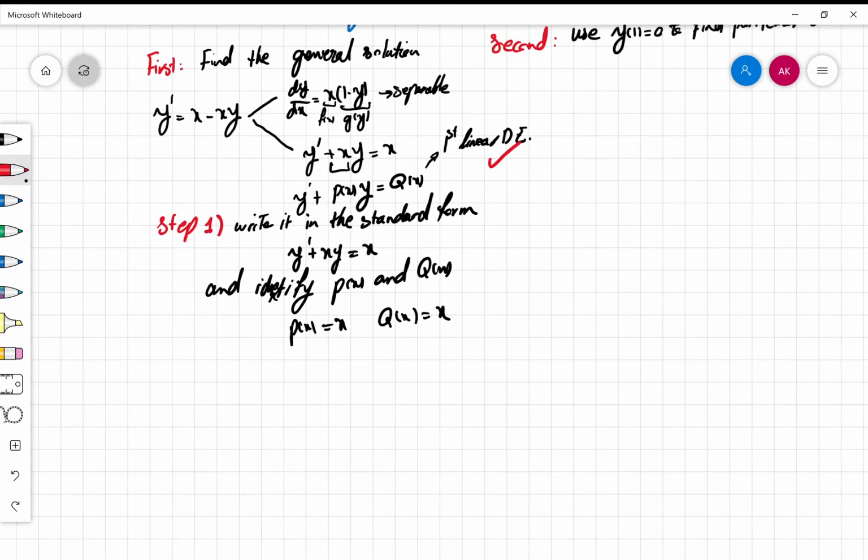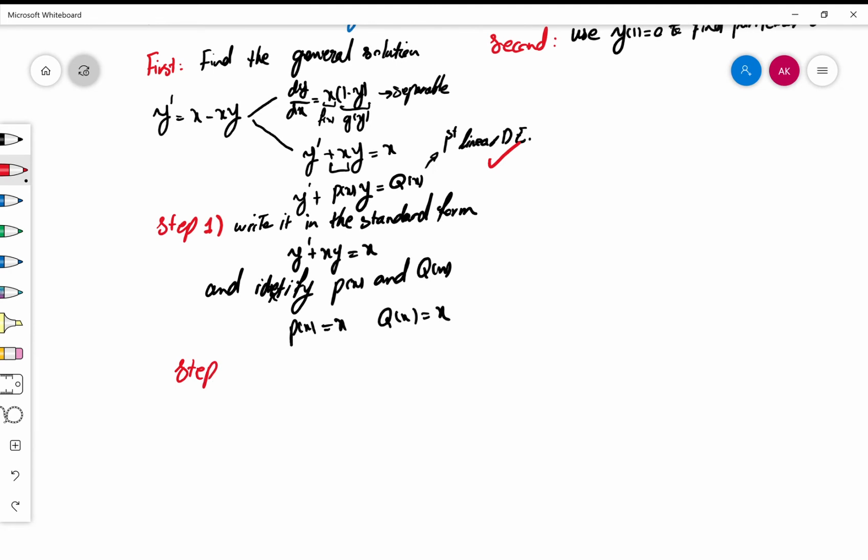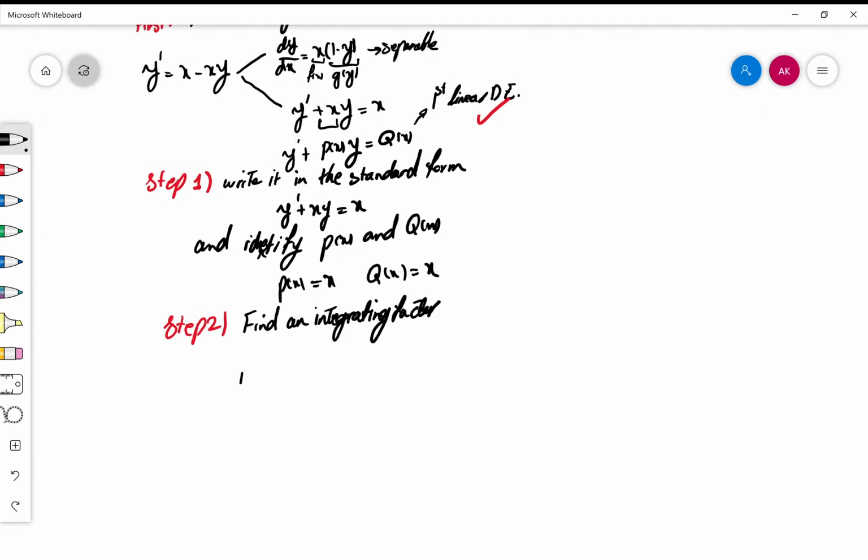Okay, step 2, find an integrating factor. Finding an integrating factor here means we first integrate p(x) and then put it as the exponent of e.